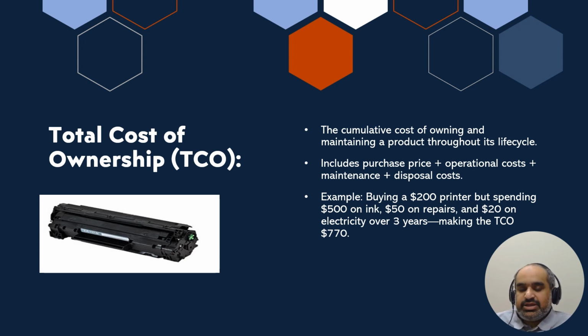Again, let's understand the TCO, or total cost of ownership, with an example. Let's suppose we had an option of buying a $200 printer, a $500 printer, and a $1,000 printer.